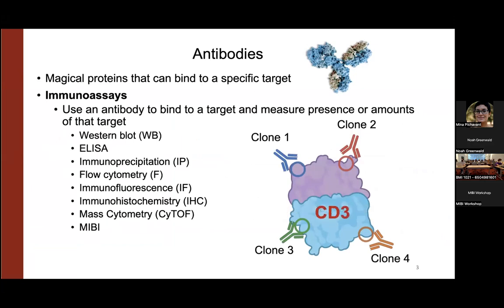For example, imagine CD3. You might have a clone that works really well to bind T cells, which is what CD3 is marking in cytometry, but that same clone might not work really well with Western blots. So we'll be focusing on antibodies that work really well for IHC, because sample processing for IHC is very similar to MIBI.